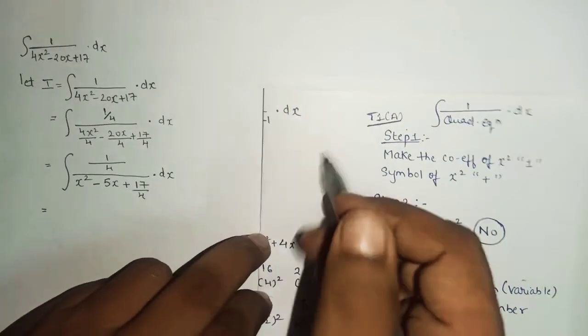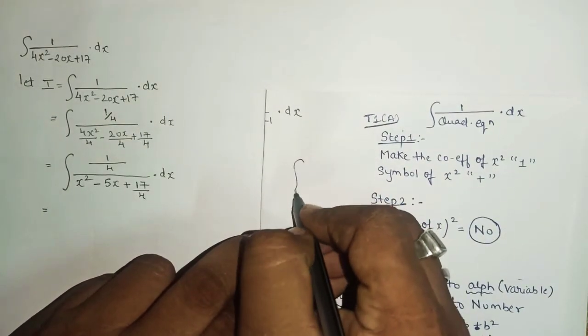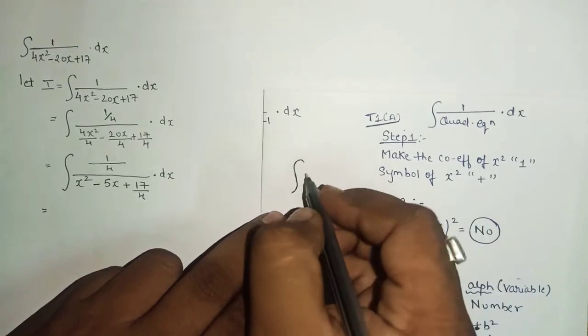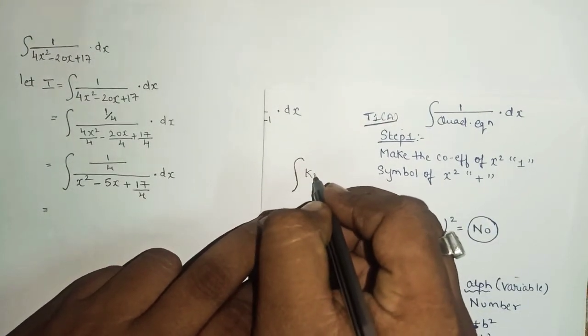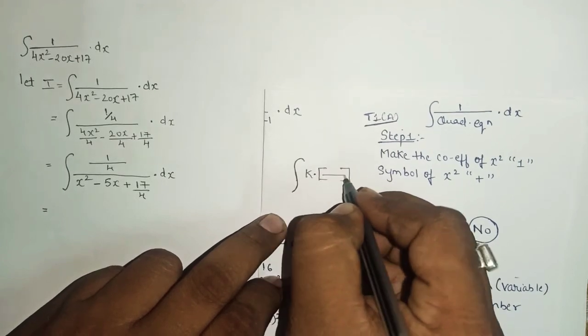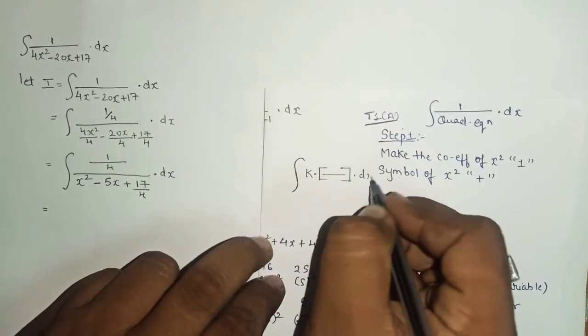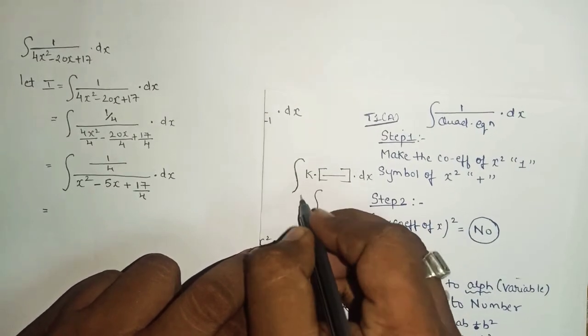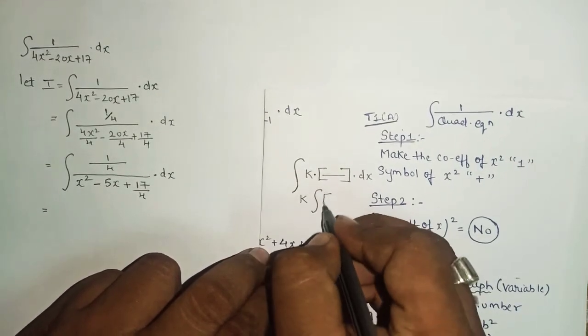There is one small concept which was there in the first exercise. Whenever you have any constant inside the integral, with any algebraic term into dx, we can bring that constant outside the integral. Yes or no?